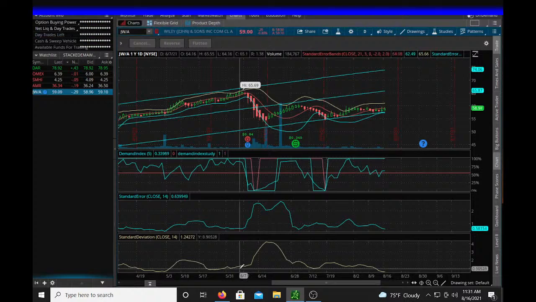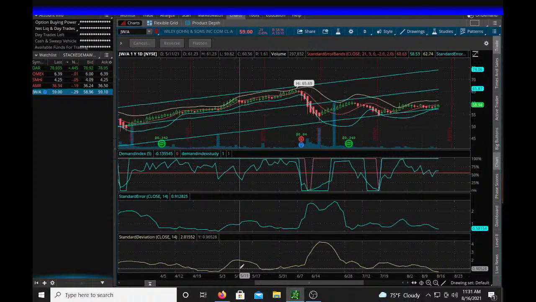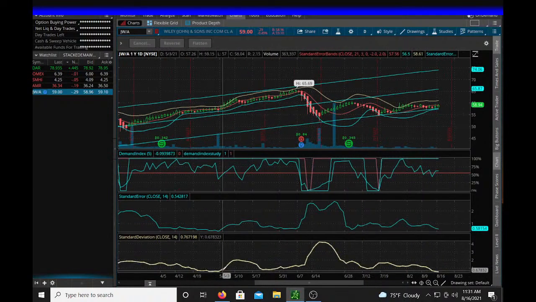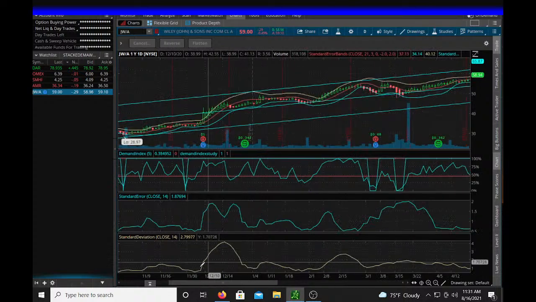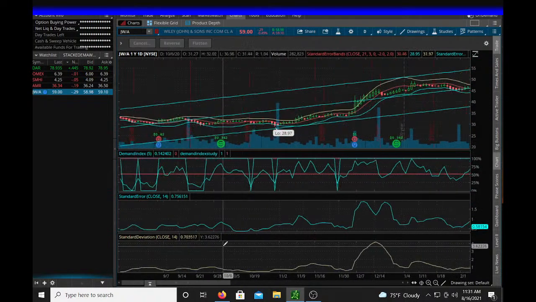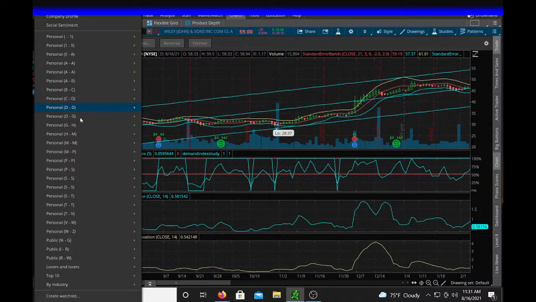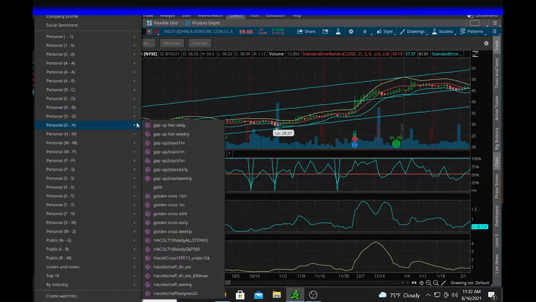So if we see a standard deviation greater than 1, we may even be able to use that to our advantage also. And it's pretty safe to say that when we see something travel to one of these higher levels or lower levels, that it is not going to stay there very long.